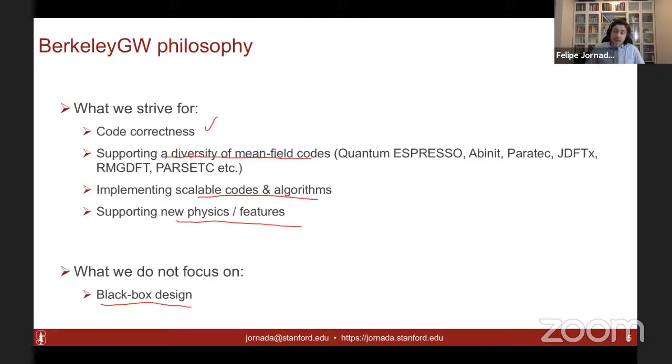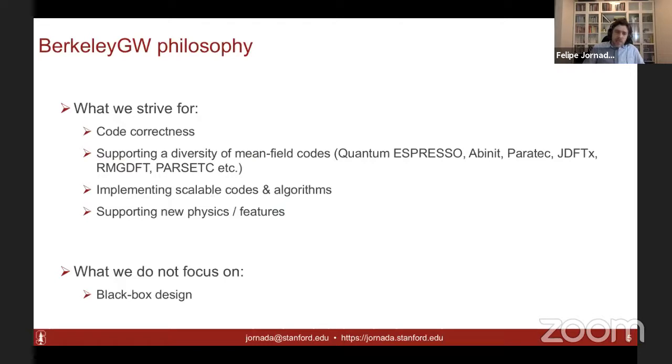What it means is that we cannot hide the physics from the user, especially because we want to give flexibility in supporting different codes. And because of that, as you're going to see in this tutorial today, we have to understand really what we're computing and how we're computing it, and that gives you a much better idea of how the code is structured and the way that it is.